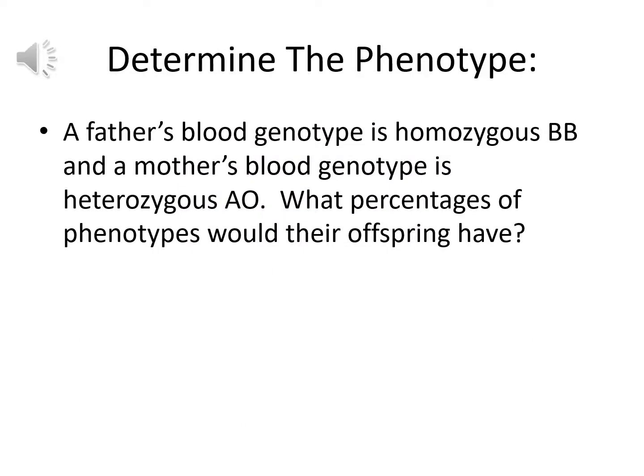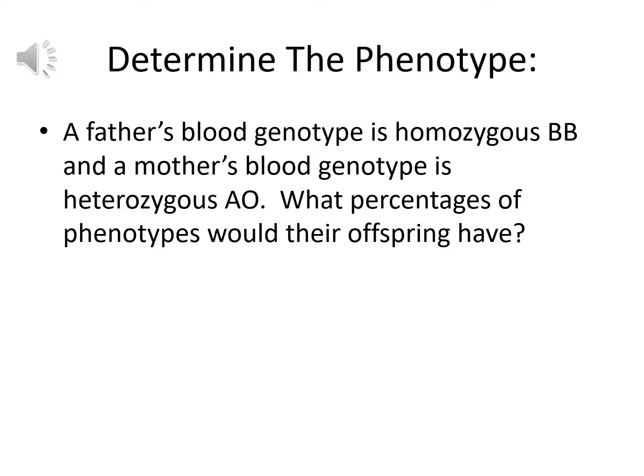All right, so let's see how well you've remembered this skill, or developed it if you didn't learn it in your prior education. For the following example, let's determine the phenotype. A father's blood genotype is homozygous BB. It's very rare we would know that he's homozygous, but for this problem we'll go ahead and say it. And a mother's blood genotype is heterozygous AO.